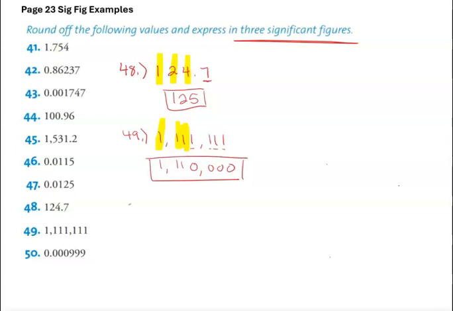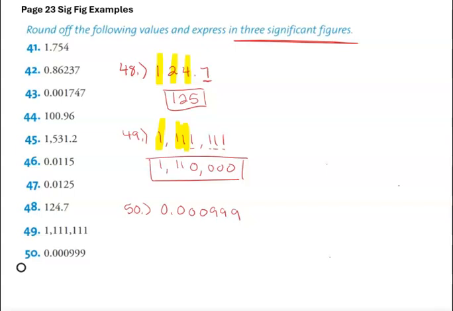And then for 50, we've got 0.0000999. Now we've got a lot of zeros here, but we don't have a non-zero number to the left in front of those zeros. And again, we have zeros on both sides of the decimal.